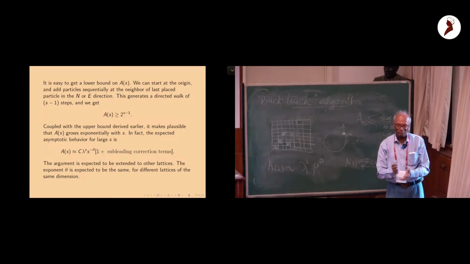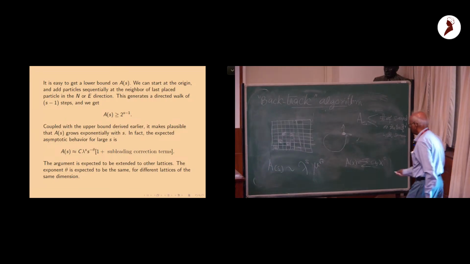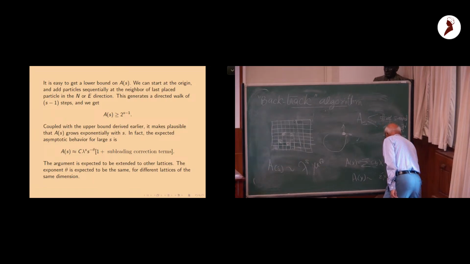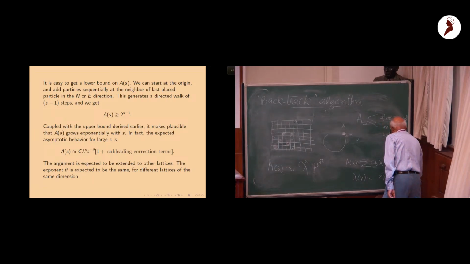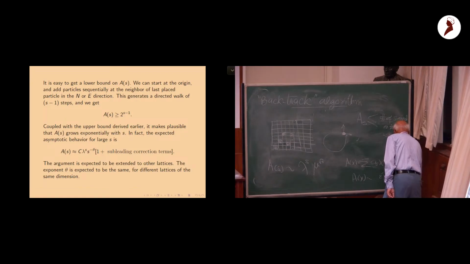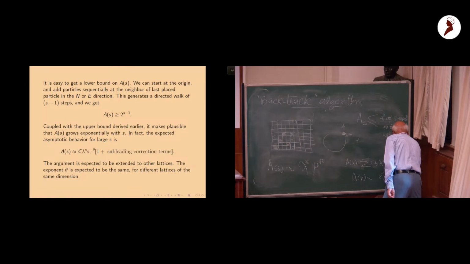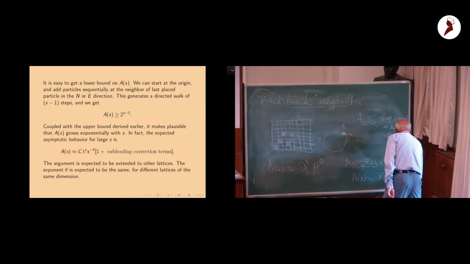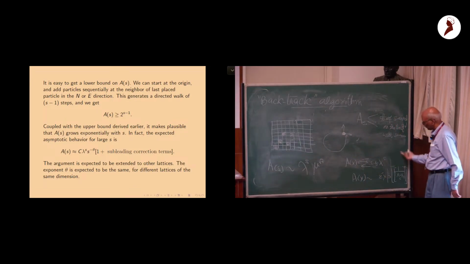But how does it diverge? Near xc, A of x goes as exponential of 1 upon xc minus x to the power of some power half.